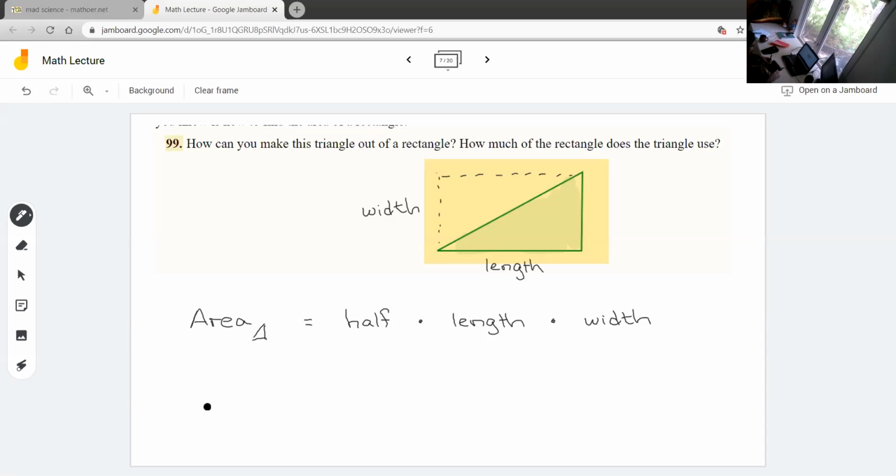And what you've probably seen is that the area of a triangle is 1/2 times base times height. I have no idea who started the idea that when we have a triangle, we should call this one the base and this one the height, even though we already had length and width, and those were perfectly good words.